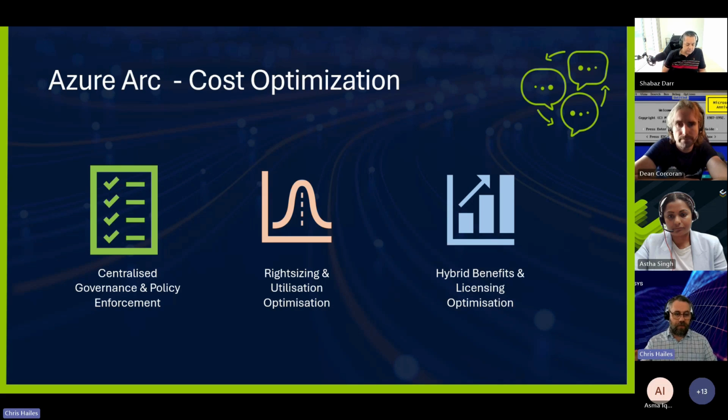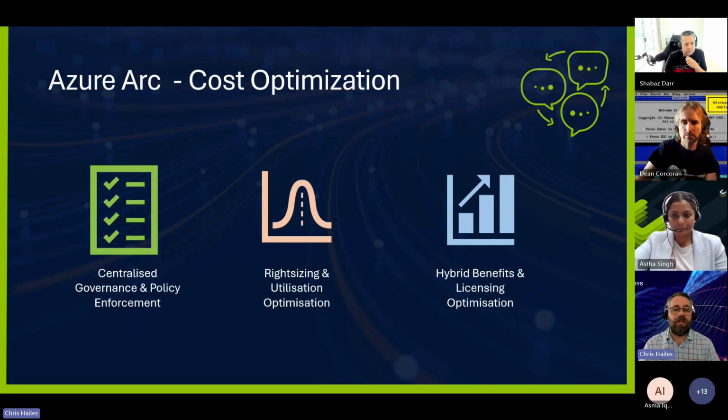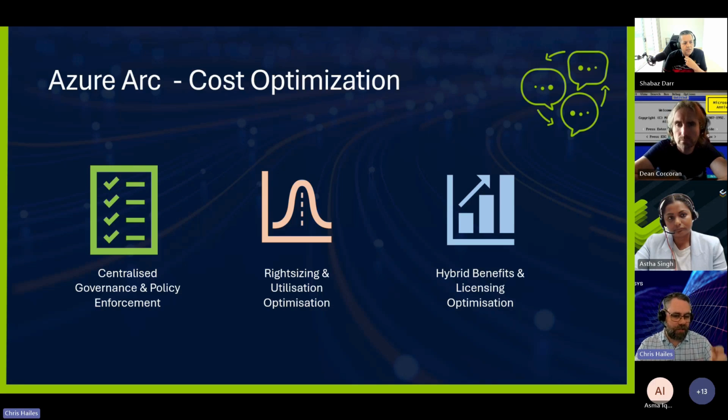I think we all have a pretty clear understanding of how we as an IT team have to understand the business needs, understand what the business wants, and then translate that into something that's obtainable for them, but also keeping in mind its observability, its visibility to the business, its cost optimization. So, Shabaz, why don't you lead us through this slide around how we talk about cost optimization when it comes to Azure Arc?